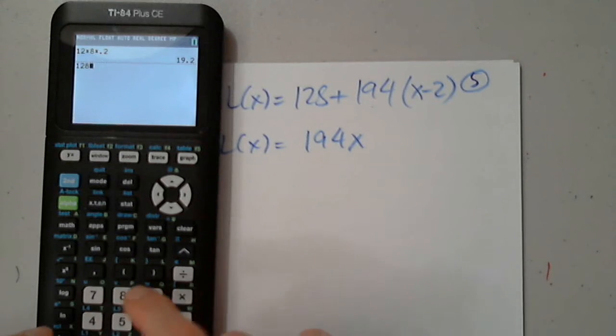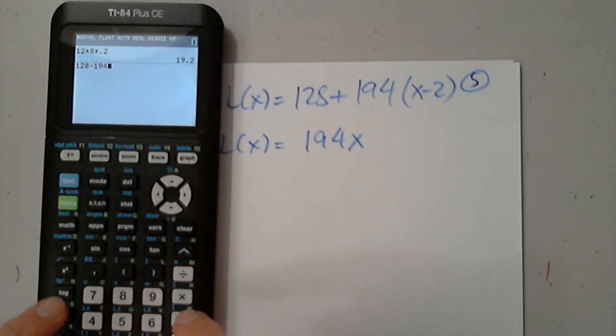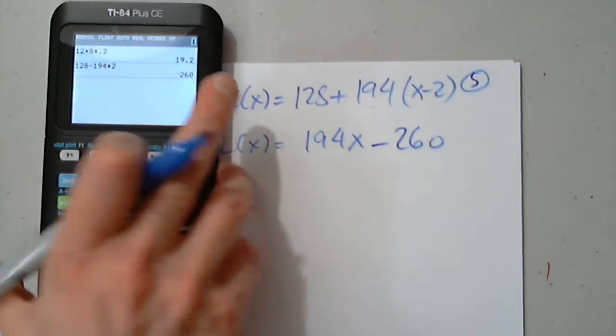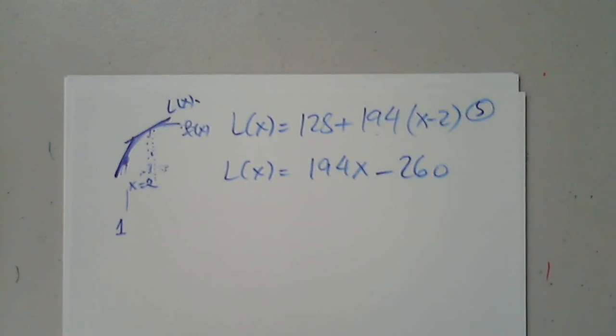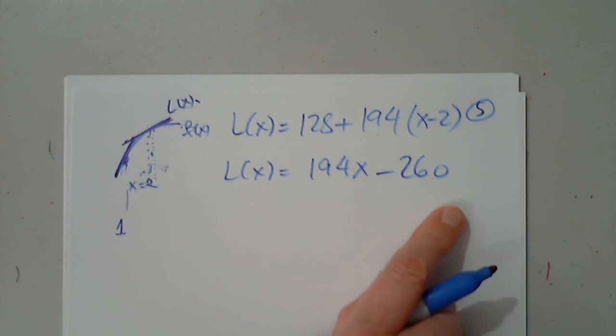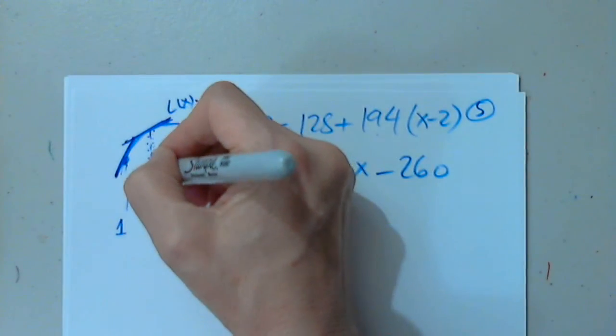So I have 128, but minus 194 times 2. I got negative 260. This is it, which means this line is 194x minus 260.